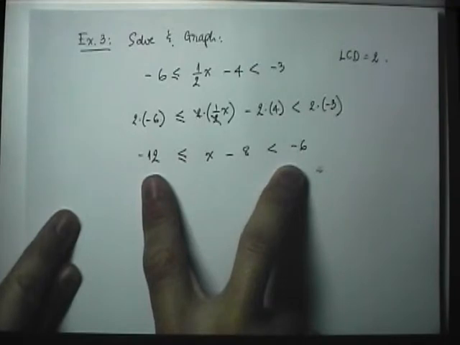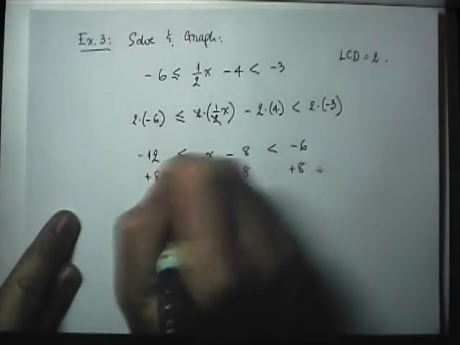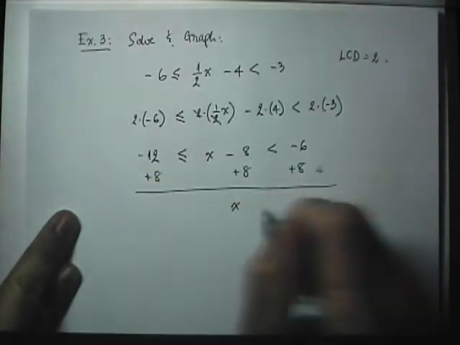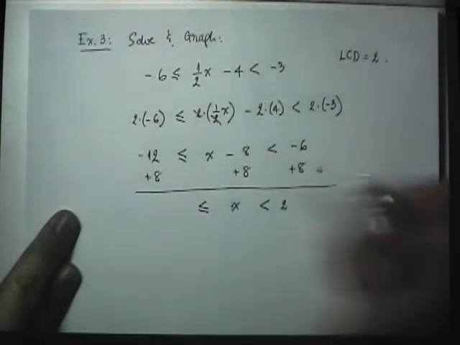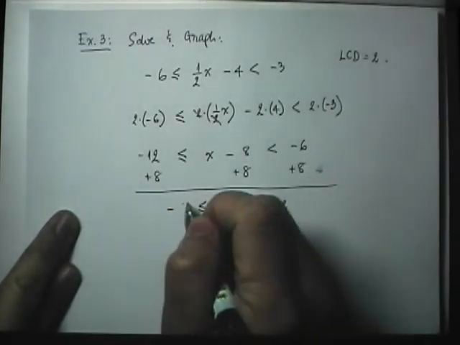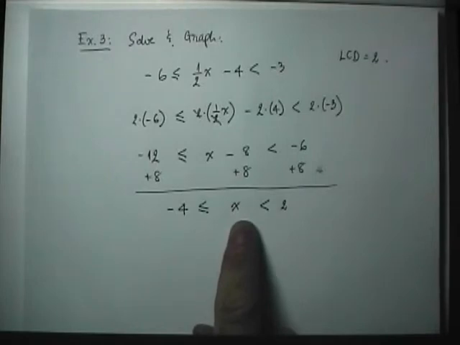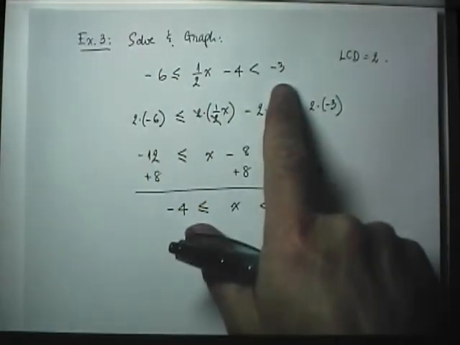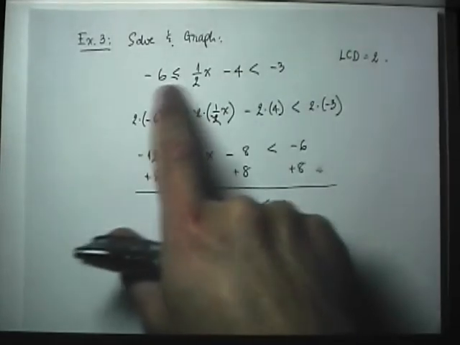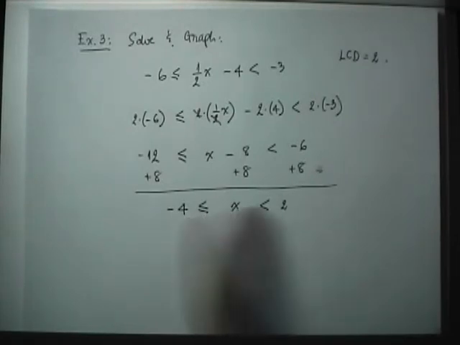Adding 8 through all sides, that gives me x in the middle, less than 2 strictly, and greater than or equal to negative 4. And so once again, this is my logical solution. The only x values that make this inequality work are those falling in between negative 4 and 2.